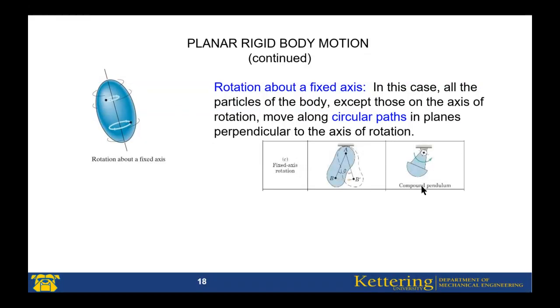How about the rotation? A type of the motion for a rigid body is called rotation. If this is the rigid body and it is rotating about this axis, and I track the position of one particle inside or outside of this rigid body and track the path of this one during the time, I can see that this path is a circular path.